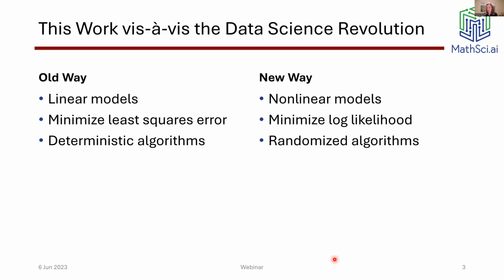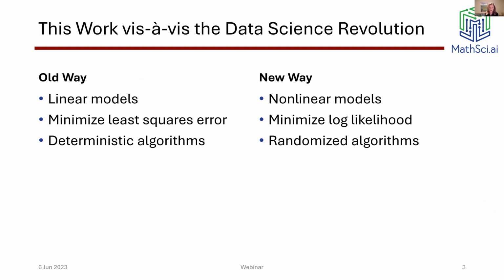All right, so I wanted to talk a little bit about this work in terms of the data science revolution. The old way of thinking about things was often in terms of linear models. In this case, we'll talk about nonlinear models. This is not in any way surprising to y'all, because most of you have already thought about PARAFAC and tensors.